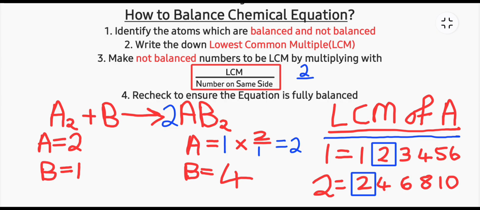So I would be required to actually balance B. My balancing of B is to put a 4 there. So that was the tricky part about that.